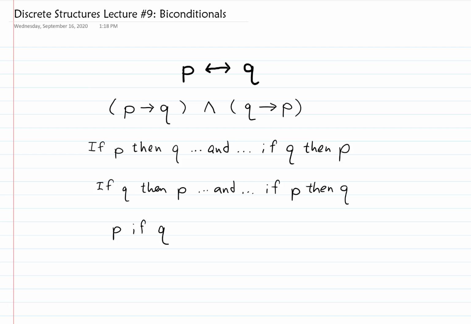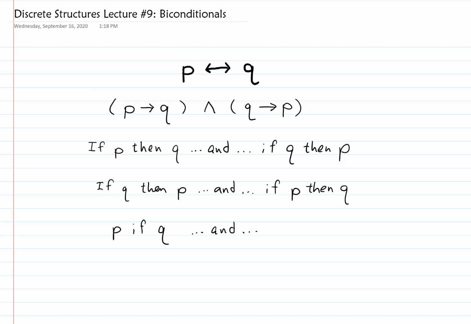That's like saying this: if it's cold, I'm going to wear a jacket is the same thing as saying I'm going to wear a jacket if it's cold. You see? So, if Q then P is the same thing as saying P if Q.